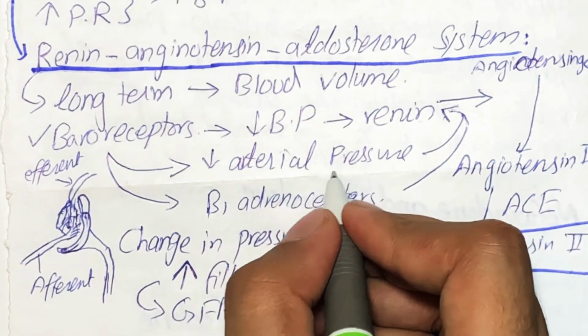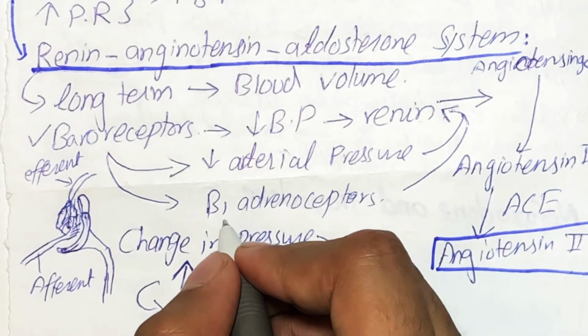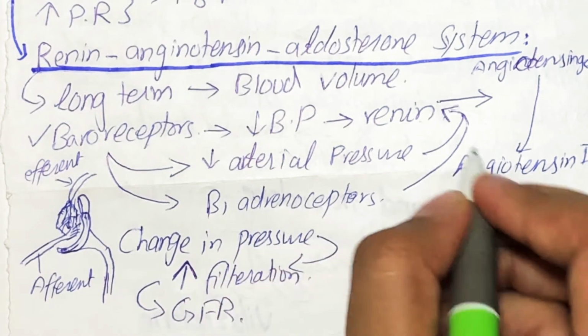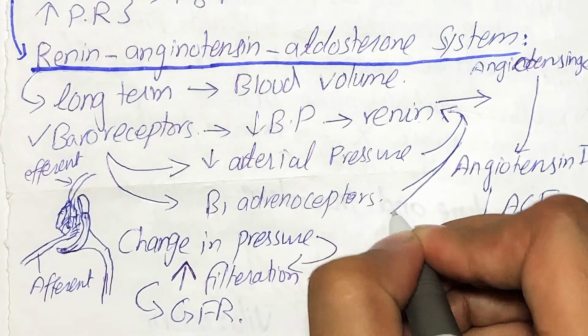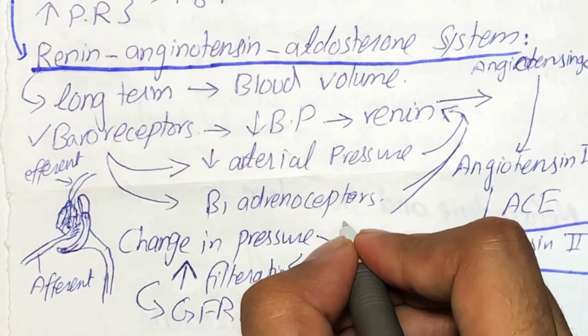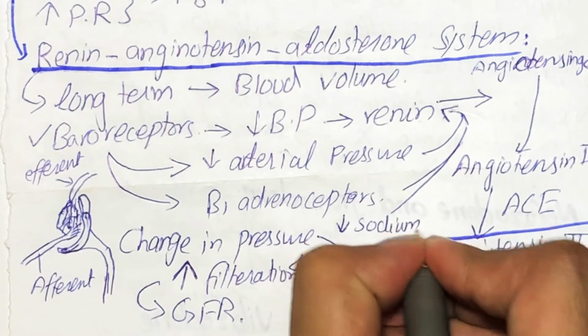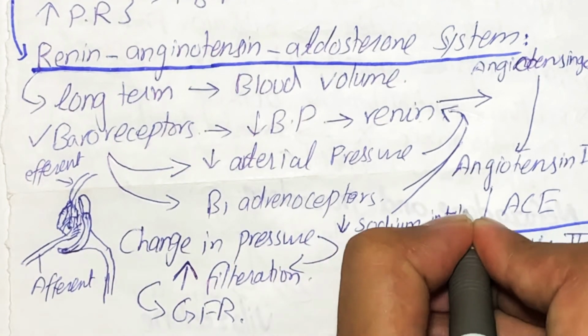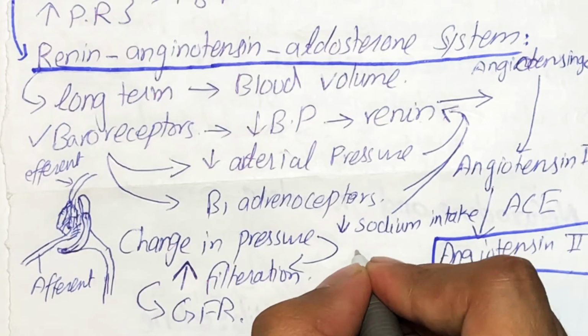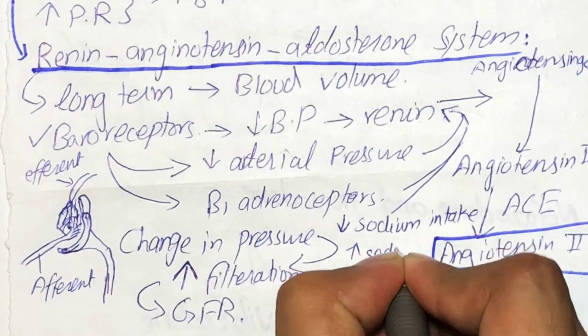Other than decreased arterial pressure and stimulation of beta 1 adrenoceptor, it is also being released because of decreased sodium intake or increased sodium loss.